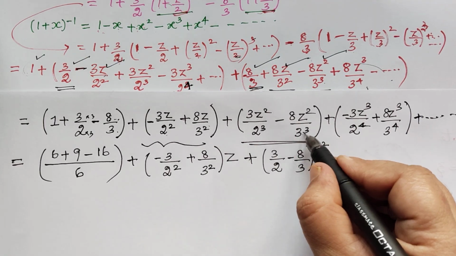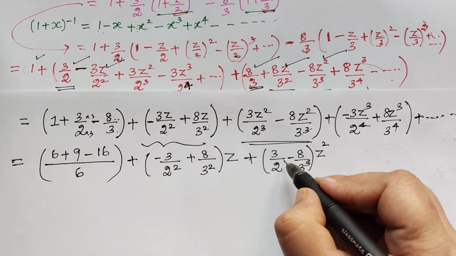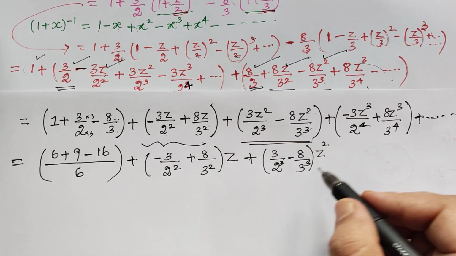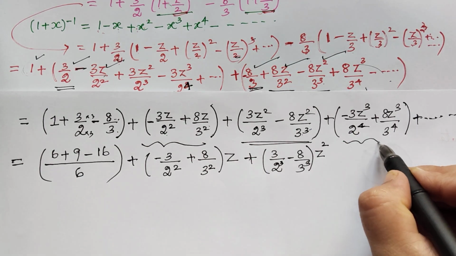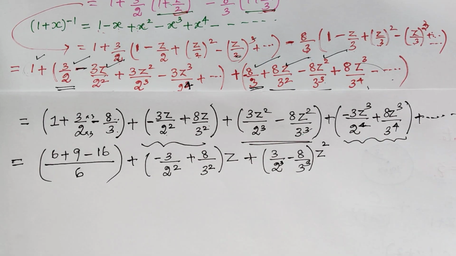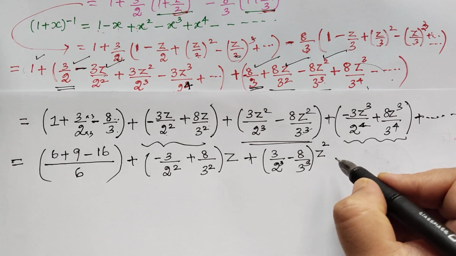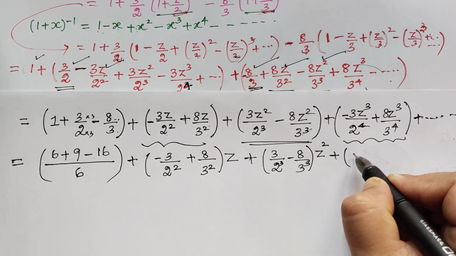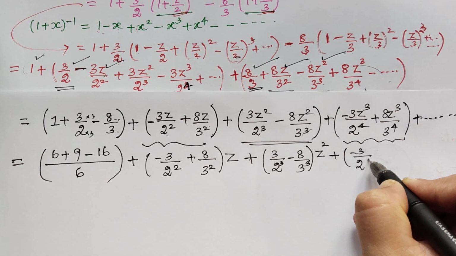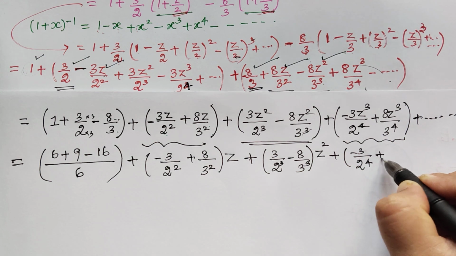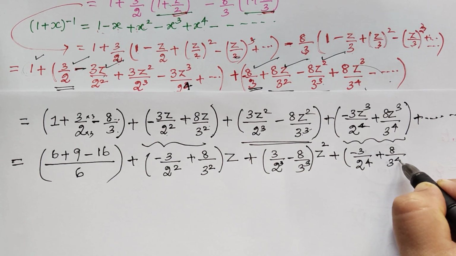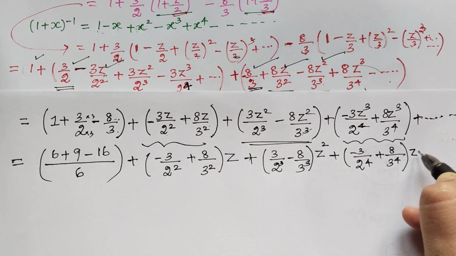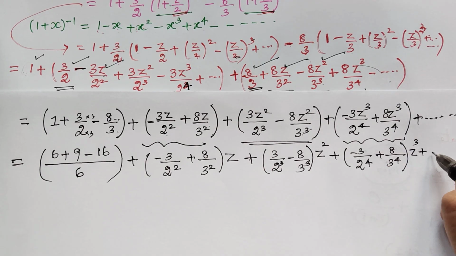And this is 8 by 3 cube. And this is 3 by 2 cube. And then in this term we can take z cube as common. So it becomes plus minus 3 by 2 to the power 4, and then plus 8 by 3 to the power 4 multiplied with z cube, plus etc.